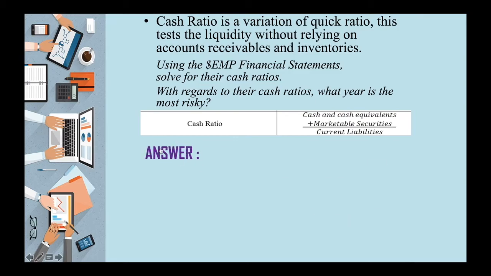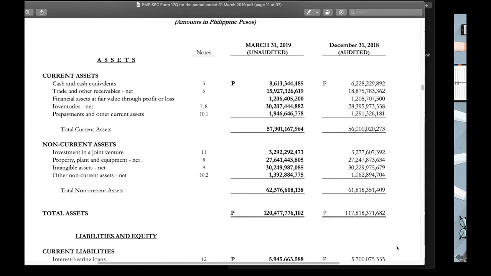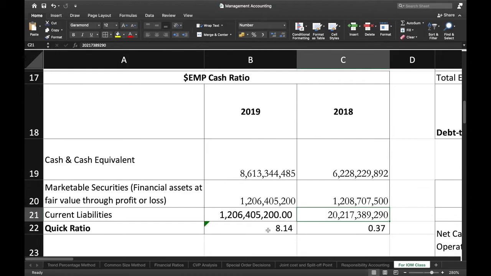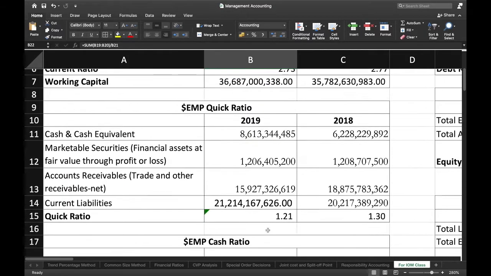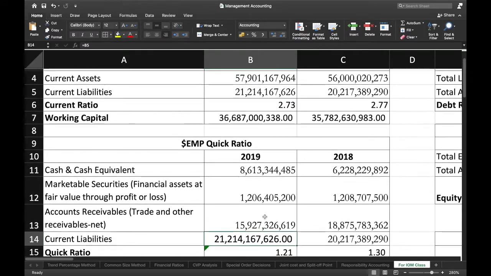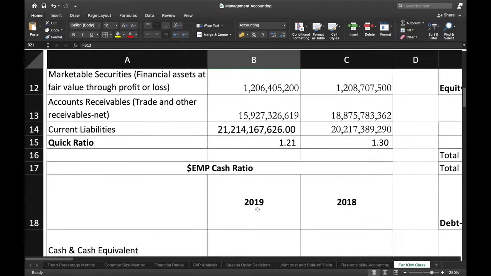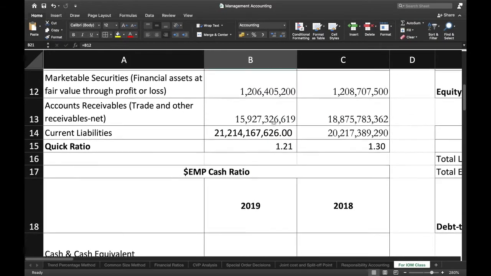Okay? So, answer here 2018 because 2018 cash ratio is smaller than 2019. 0.46 versus 0.37. Oops, bakit naging 8.14 ito? Ano ba ang current liabilities na to? Okay, so, mali ang ating na-copy.